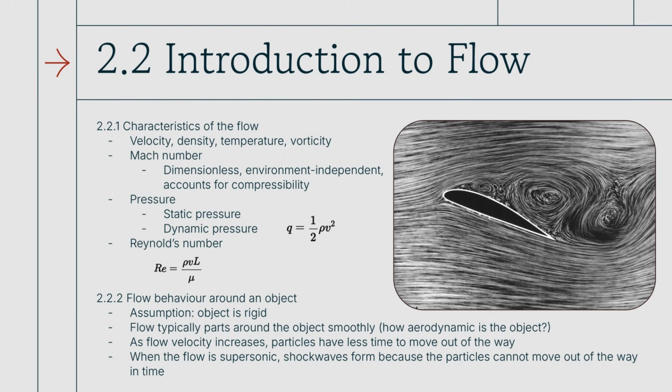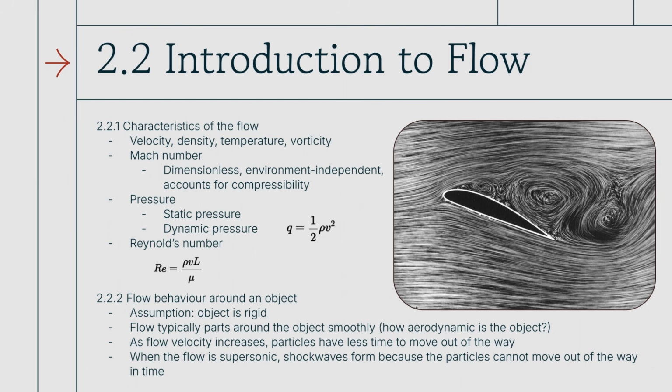Here in this picture, you can see that the angle at which the airfoil is compared to the flow is quite high. So the flow actually detached from the wing and is doing these rotational vortex-type behaviors. That happens when the angle of attack is too high, or basically when the object is not aerodynamic enough.